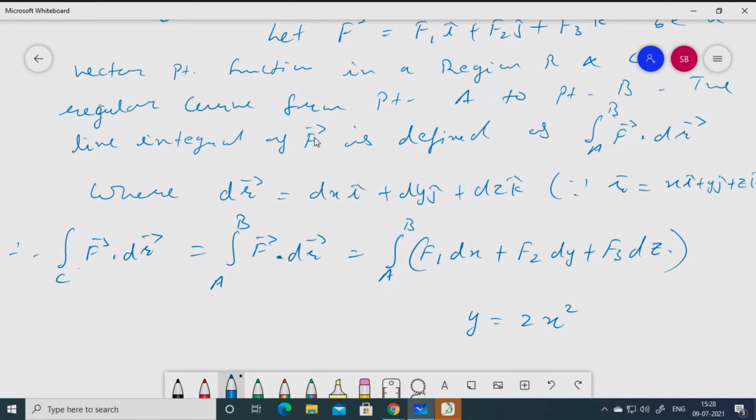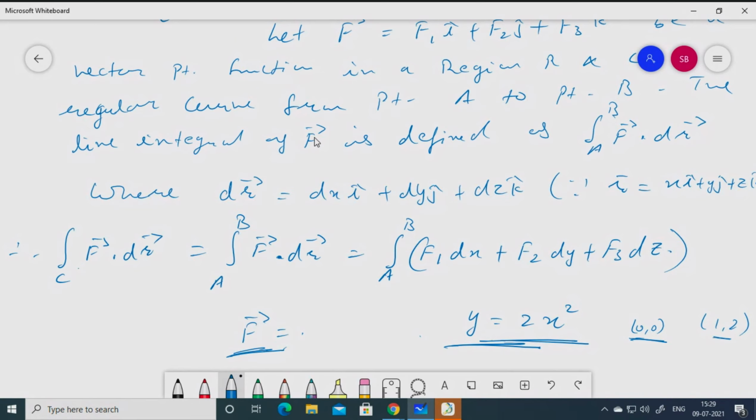Some vector will be given to you in terms of x, y and z, and you need to find the line integral of this vector along this curve, and the points in the xy plane will be given. So this is the question. F bar is some vector given. You have to evaluate the line integral where C is the curve y equal to 2x square in the xy plane from (0, 0) to (1, 2).